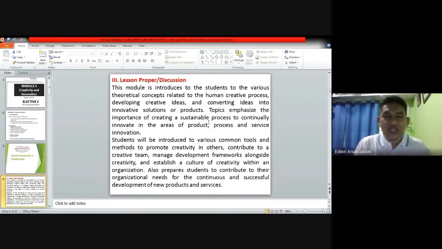So therefore, the realization of the possible maximization of profit, or creating new products and services that are somewhat different from those that already exist, is to cope up with the changes in the taste and preferences of the customer. And then establish a culture of creativity within an organization.